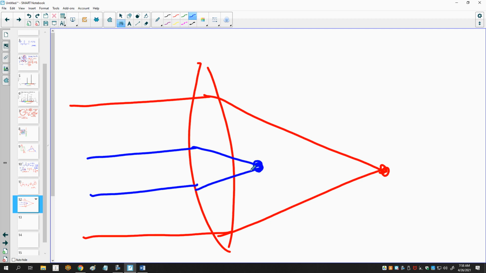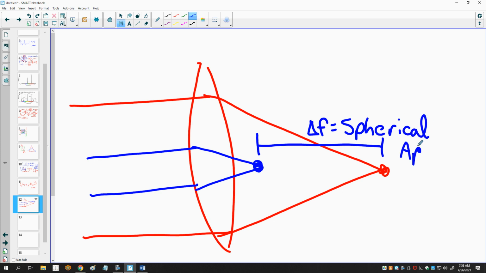So that is called spherical aberration, that difference in the focal length of this lens. The difference in the focal lengths is equal to the value of the spherical aberration. How much spherical aberration does this thing experience is that difference in focal length. So that's how you calculate it, is you just take the difference in the focal lengths, measuring on the inside of the lens and the outside of the lens.